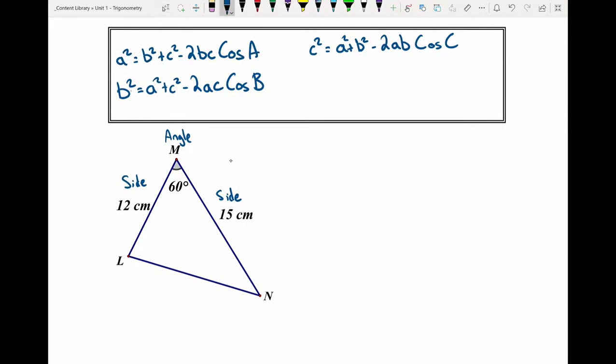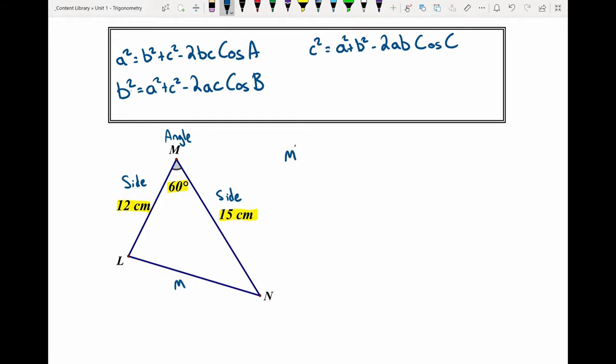So if I'm looking at this example here, I do have enough information. We've already stated that we have this sandwiched angle, side, angle, side. So I can use my cosine law to find the missing side, which would be little m, because that's the only side that I can find based on this.